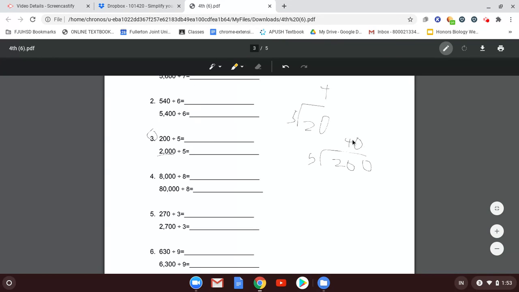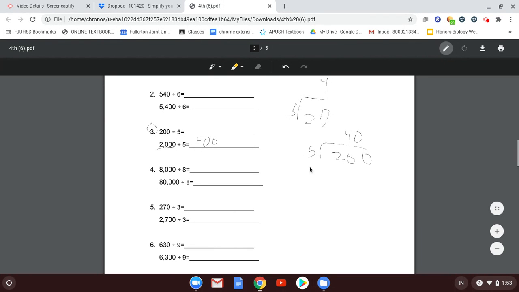That means the answer should be 40 times 10 is 400. However, in order for this to work, both the front numbers, so the 2 and the 5, have to be the same. So the number can only be increased by 10. That's the only reason why the answer is also increased by 10.